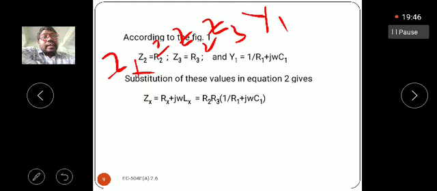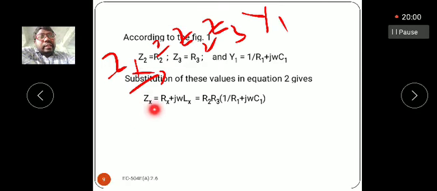Zx can be replaced with its resistive part and reactance part, Rx plus j omega Lx. So Zx is equal to Rx plus j omega Lx, which is equal to Z2 Z3 into Y1. Z2 is nothing but R2, Z3 is nothing but R3.